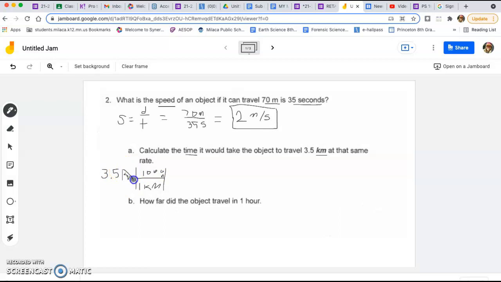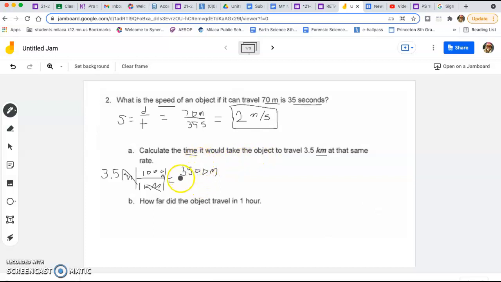Okay, so then I can cross my kilometers out. Don't mind my dog here. He wants attention. And I'm going to multiply that. So that would be 3,500 kilometers, or excuse me, meters. All right. That's the distance that it's going.